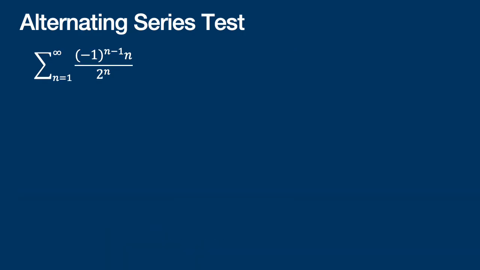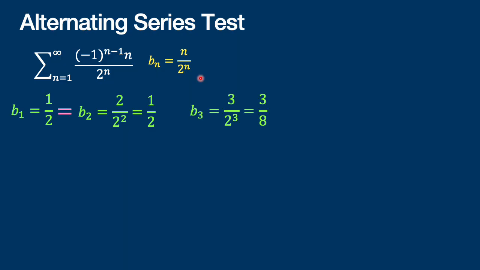Let's have another example. This one is also an alternating series because of this term, this one. Okay, guys, now you find the Bn. Bn is n over 2 to the n. First, you have to check that the sequence is decreasing. B1 is 1/2. B2 is 2 over 2 squared, which is 1/2. They are the same. It's okay, guys. B3 is 3 over 2 cubed, which is 3 over 8.